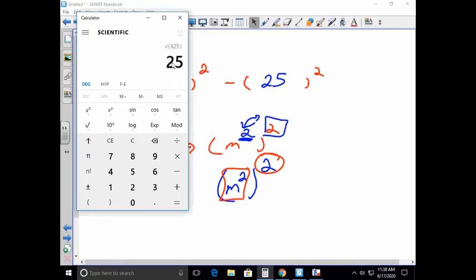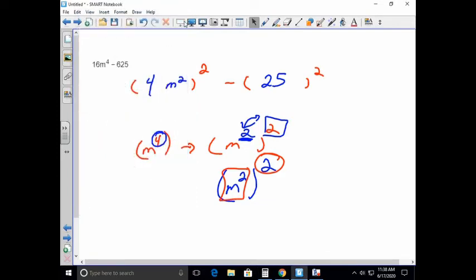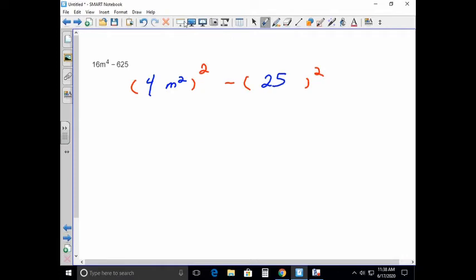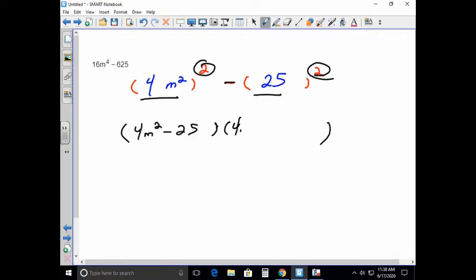That will tell you what number squared makes 625. So now that we have written this in terms of two squares, a difference of squares, then we write our two parentheses. What's being squared here minus what's being squared there. And then those same terms with a plus in the middle.